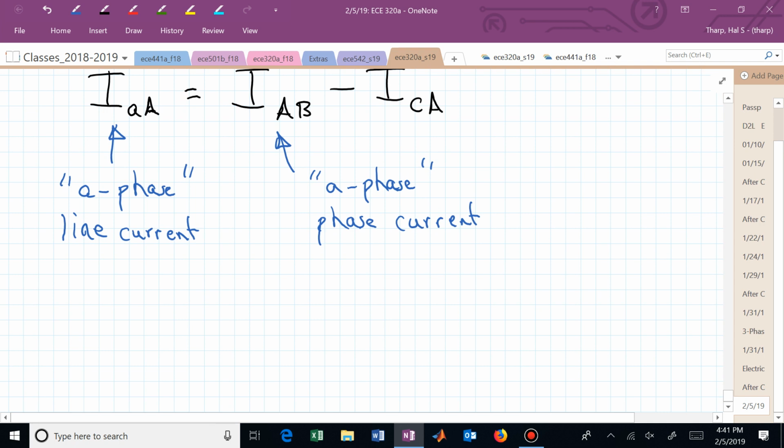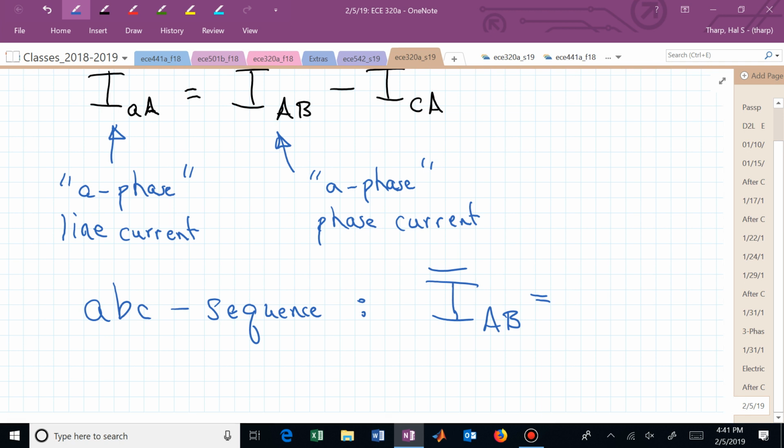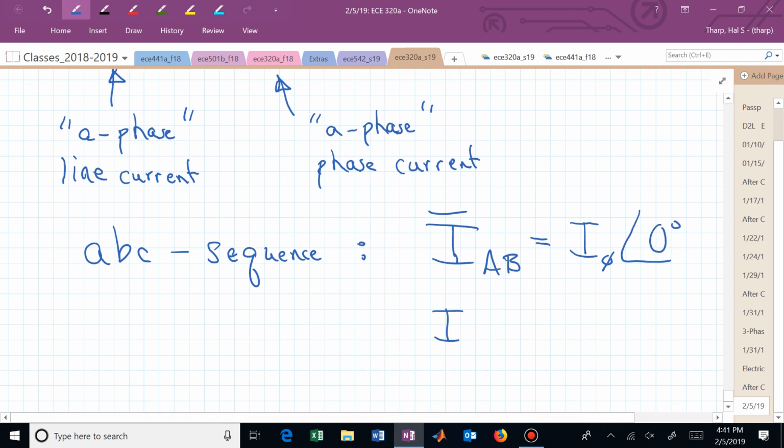If I now assume a positive phase sequence or an ABC sequence, and I assume that I know, or I'm just going to have as given, the phase current in terms of a magnitude and an angle, and I'm going to use that as my reference. Now, what is I sub BC?